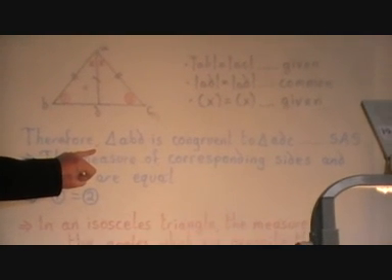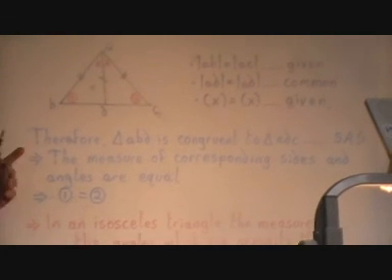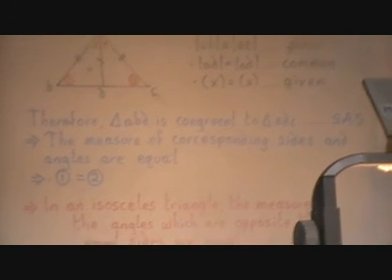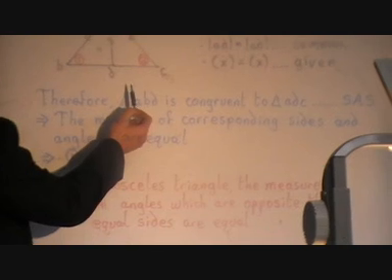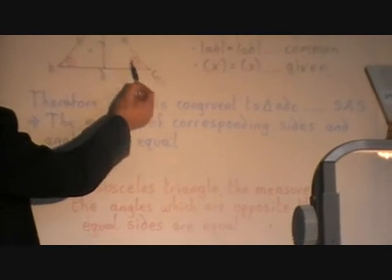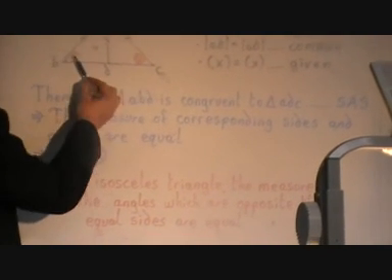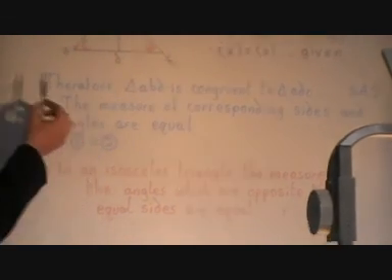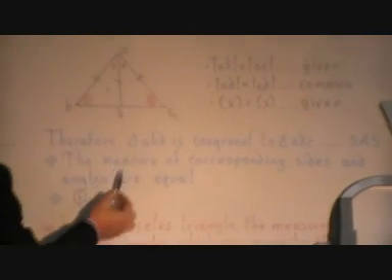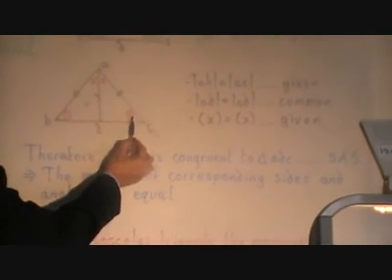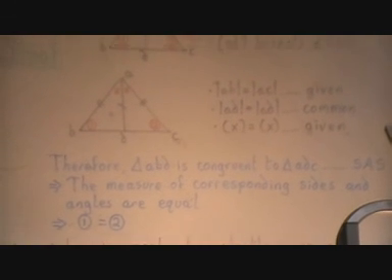Now, what it means if they're congruent is that corresponding sides and angles are equal. And two angles are corresponding if they're opposite the same equal side. And we know that AD equals AD, therefore angle 1 is corresponding to angle 2.